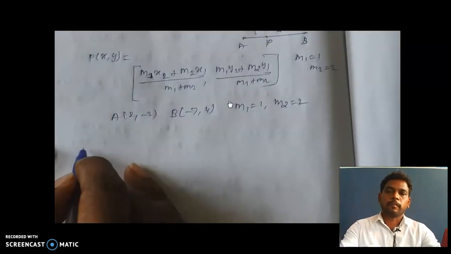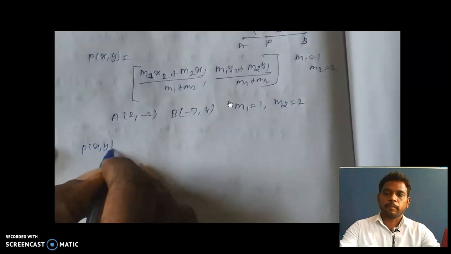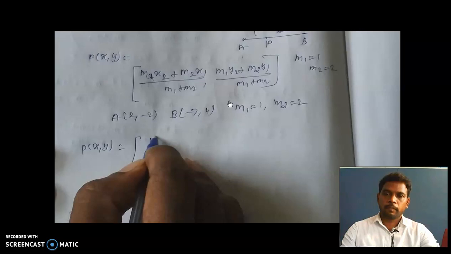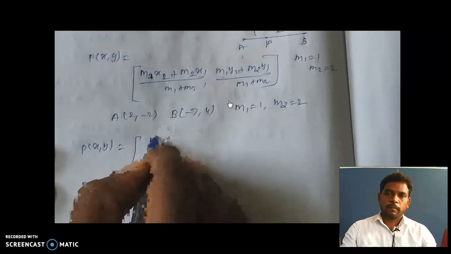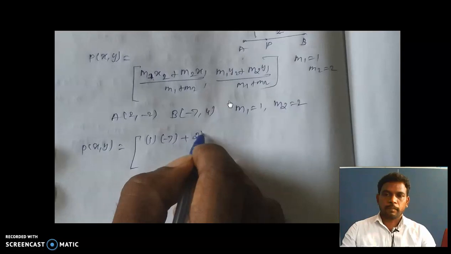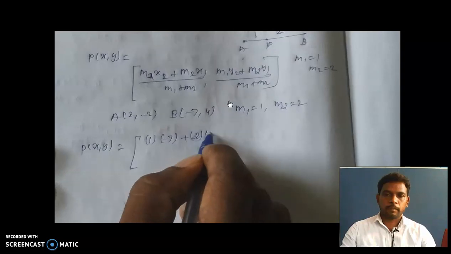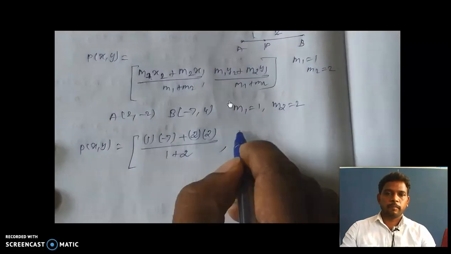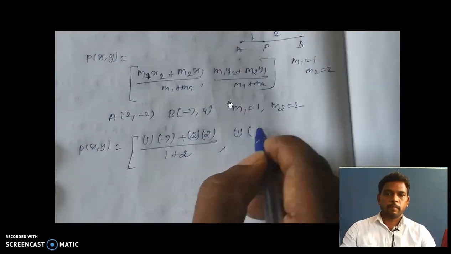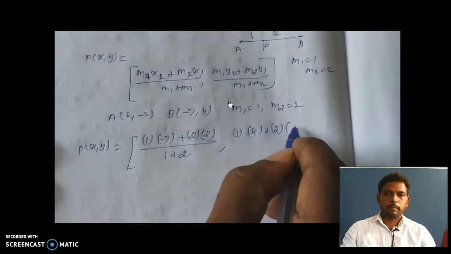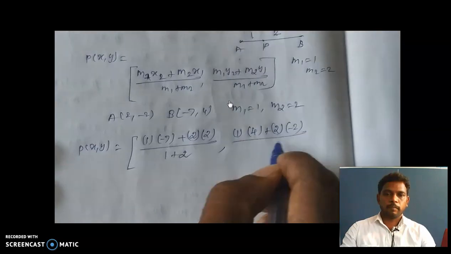So P of x, y equal to, instead of M1, 1 and x2 value -7 plus M2 value 2 and x1 value 2 divided by 1 plus 2, comma, and again M1 value 1, y2 value 4 plus M2 value 2 and y1 value -2 divided by 1 plus 2.